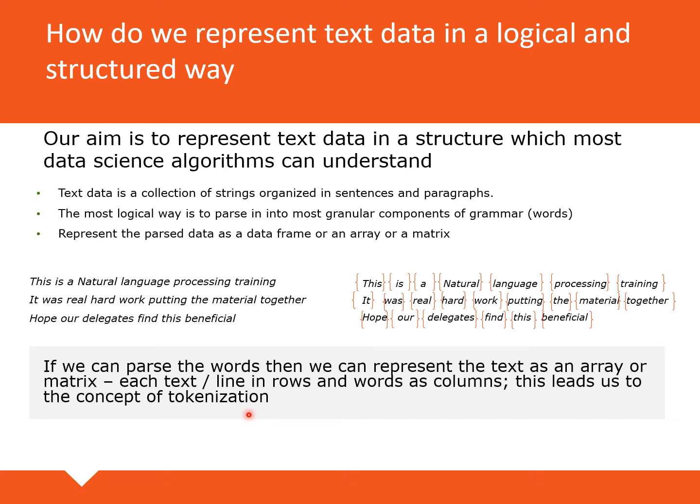Now, if you think of numeric data, it can be represented in the form of a 2-dimensional array or a matrix, right? So if you think of a table of numeric data, along the rows you will have the observations, and along the columns you will have the different variables that you are dealing with.